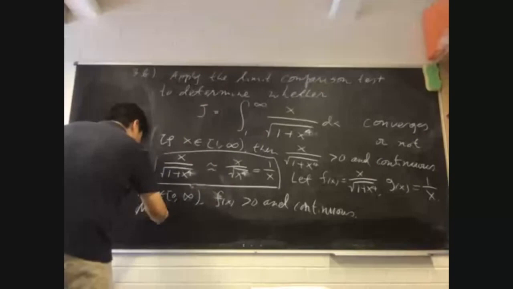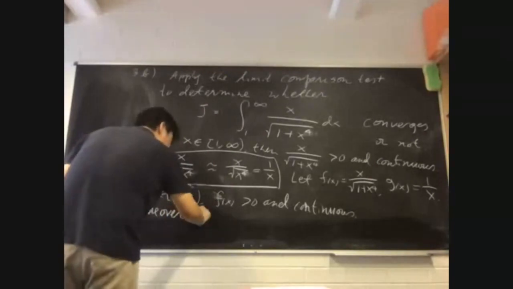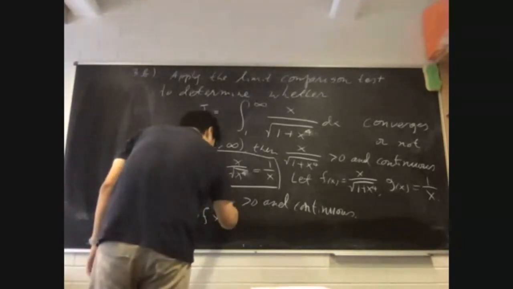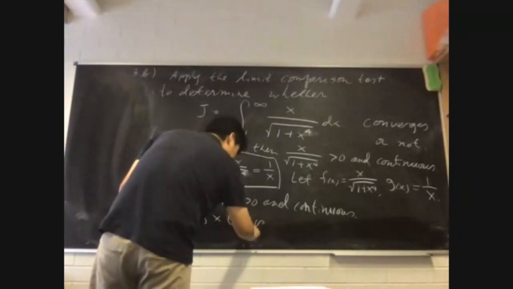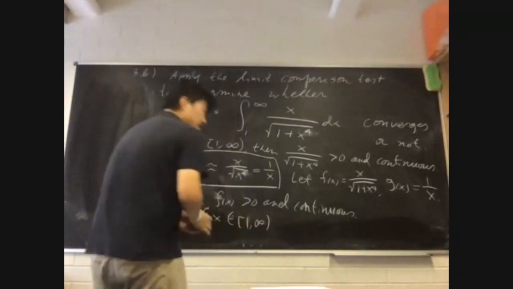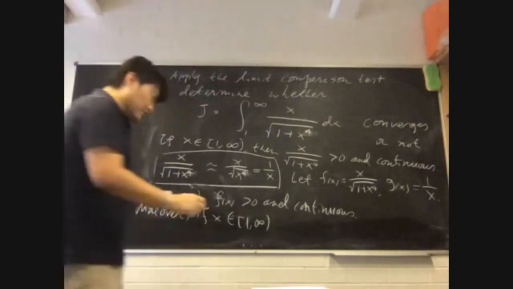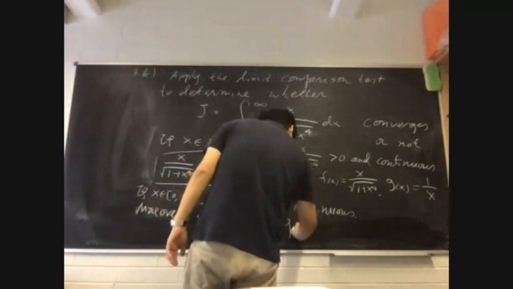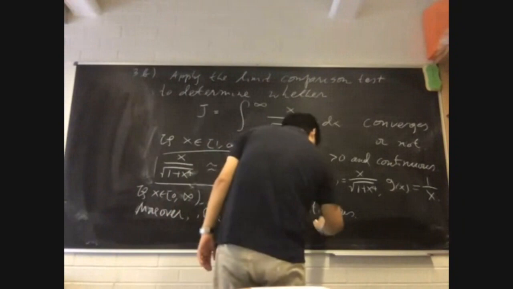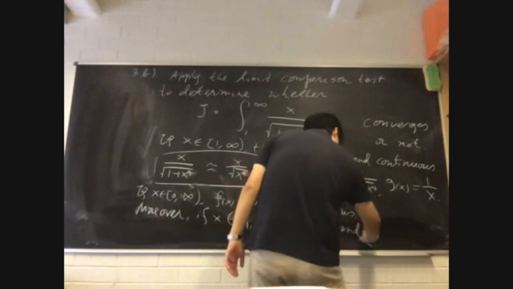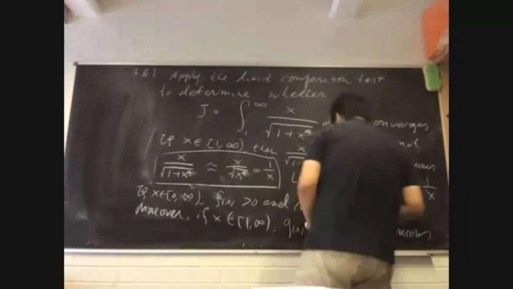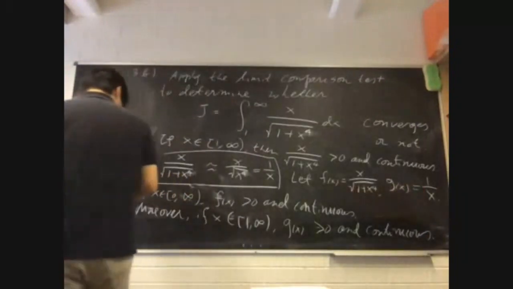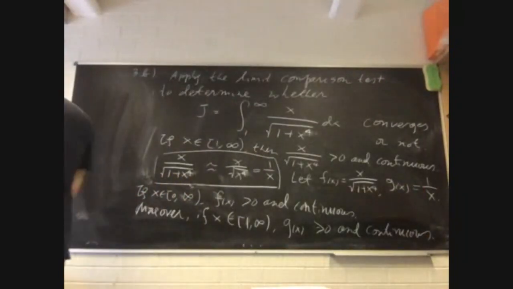So moreover, if x is in here, from 1 to infinity, g of x is also positive and continuous. So those conditions are met in the limit comparison test. All right, so let's continue.